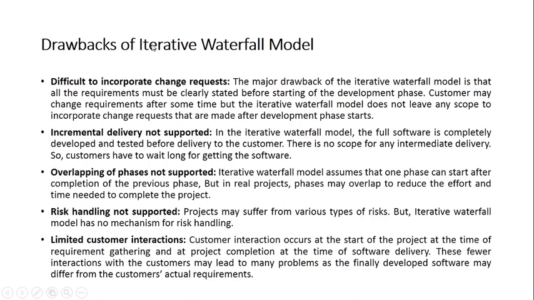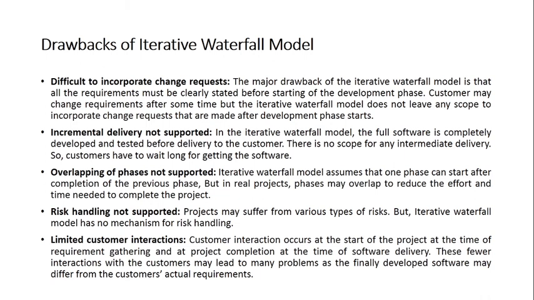Then what are the drawbacks? It is difficult to incorporate change requests because we have limited time, and if you go on making changes now and then, ultimately it is going to hamper the progress of your project. Then incremental delivery is not supported. What does it mean? You cannot deliver your system in increments.